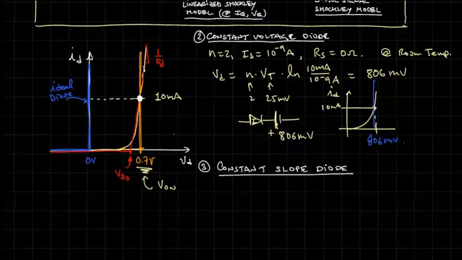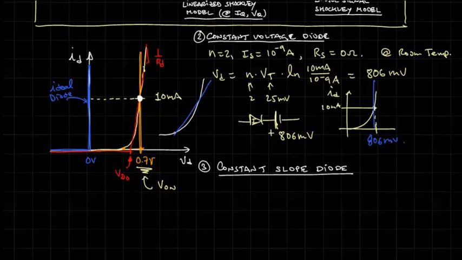Now, if you're going to be operating over some current range, you may not want your model to fit the actual diode IV data point right at your nominal operating point.